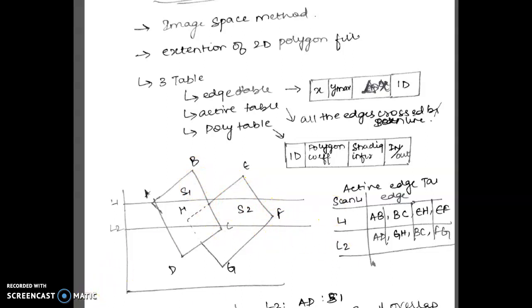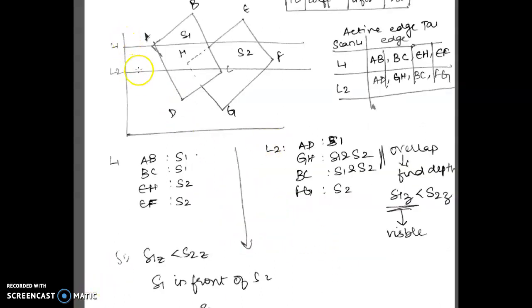It checks which polygon ID the scan line is in. For L1 it is AB, BC, EH and EF. AB is from surface 1, BC is from surface 1, EH is from surface 2, and EF is from surface 2. So these are all separate surfaces.